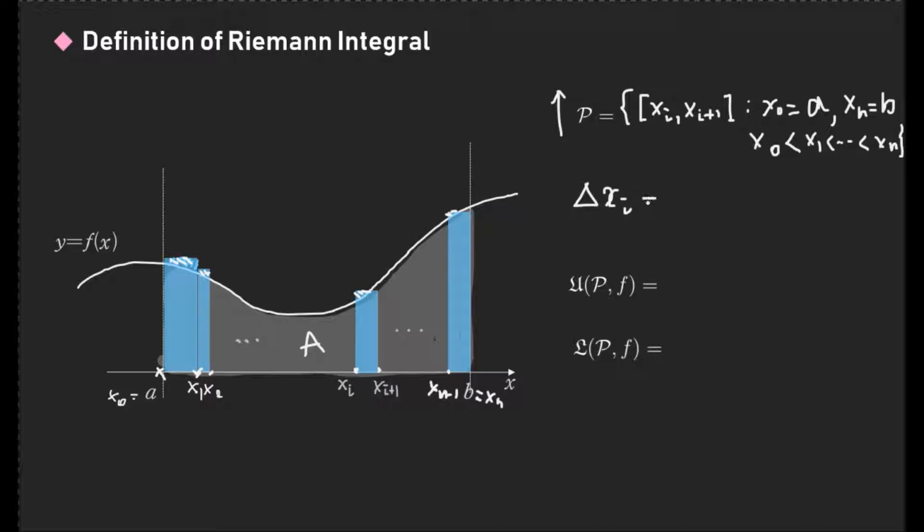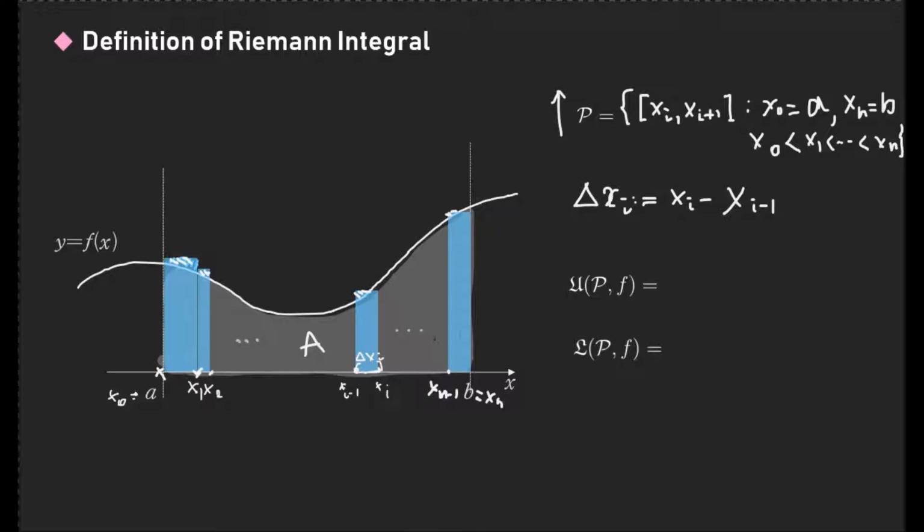Delta xi just defines the length of each rectangle, defined as xi minus xi-1. So if this part is xi and this is xi-1, the length of the rectangle is delta xi.